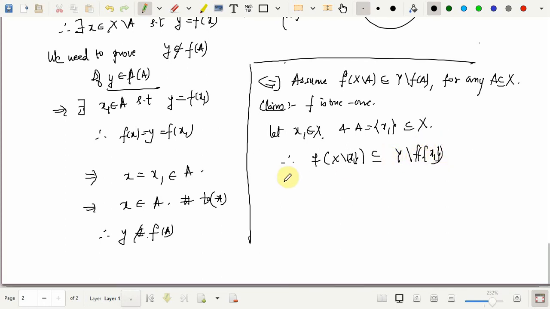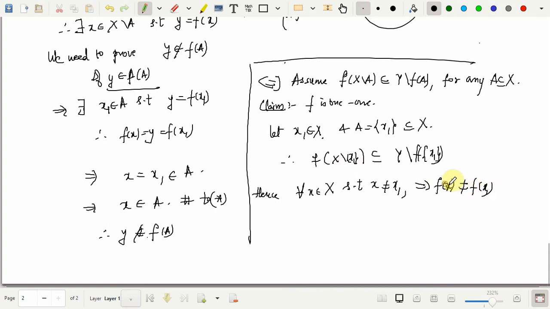Therefore if I take any element from X other than x1, its image is not going to be equal to f of x1, because the image is always a point in Y, and this assures that it is going to fall in the image of a subset other than f of {x1}. So it is clear from here, for every x in X such that x is in X difference {x1}, that is the same as saying x is not equal to x1, this implies that f of x will never be equal to f of x1.